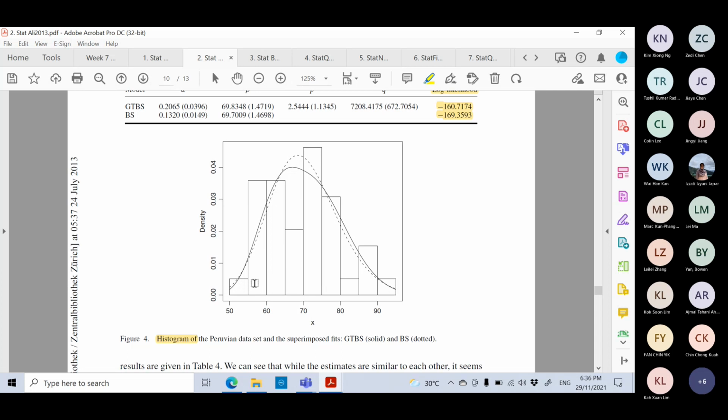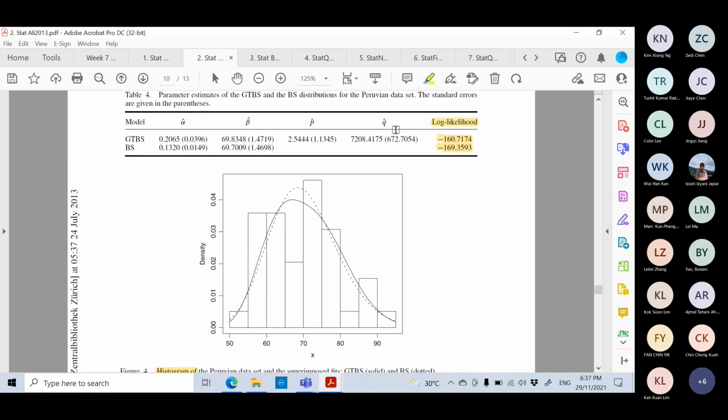This is the histogram, which shows you the empirical data, and this is the line. They calculated it from the PDF density because in this paper they have provided the PDF function. Then, with all the parameter estimates you have obtained, you just put in your parameter estimates and you can draw the density, the PDF function.